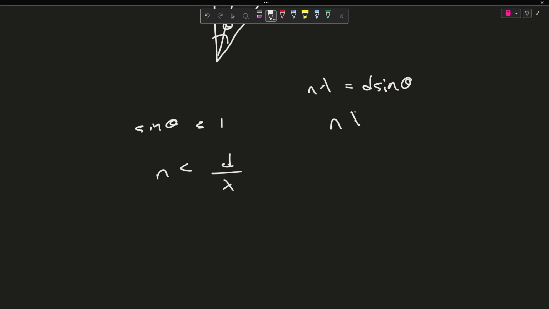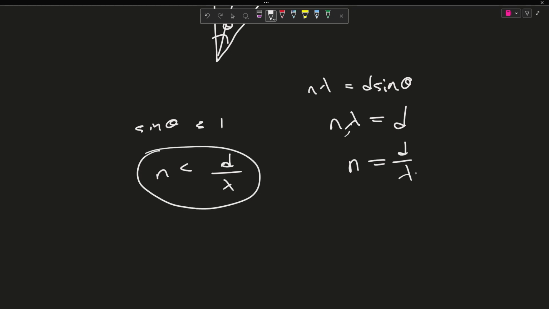So n times the wavelength equals d, and you get this thing here. So when n is equal to d over the wavelength, that is the maximum n. So n is always less than or equal to this. And you always have to round down because you can't have 0.5 of a maximum.